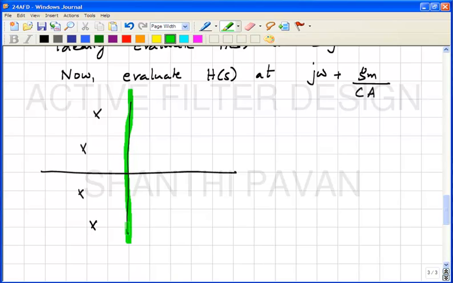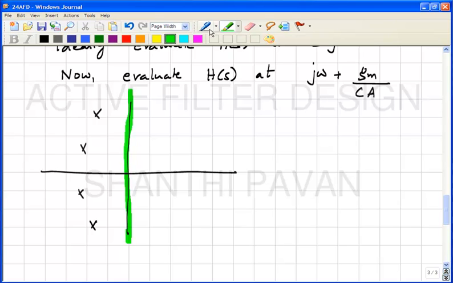If you go back to the 3D plot, you are slicing it on the j omega axis, and that cross section gives you the filter response. Now what are you doing? Shift it where, left or right? Is A positive or negative? Positive. Gm by C, positive.